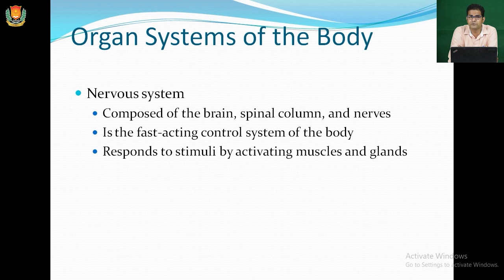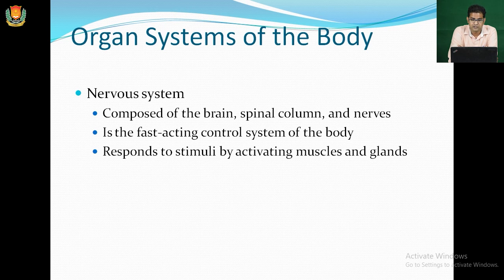Fast acting means there are certain actions which have to be completed within a fraction of a second, like reflex action. If our body gets in contact with a pricking needle or a heating pan, we promptly remove our hand from that region. This is all because of reflex actions. Reflex action is part of the nervous system.